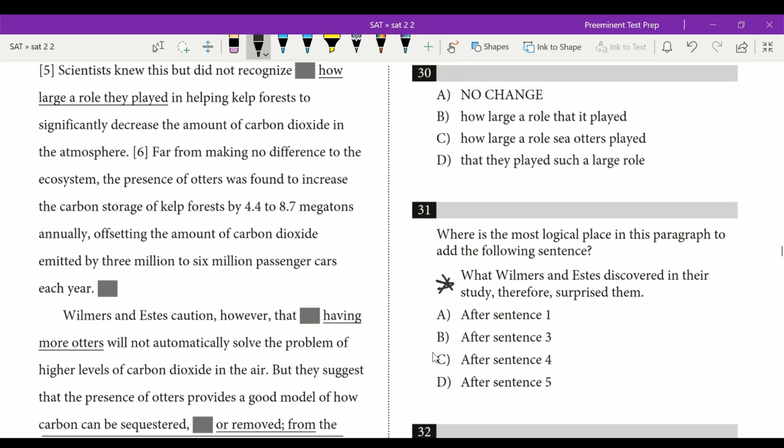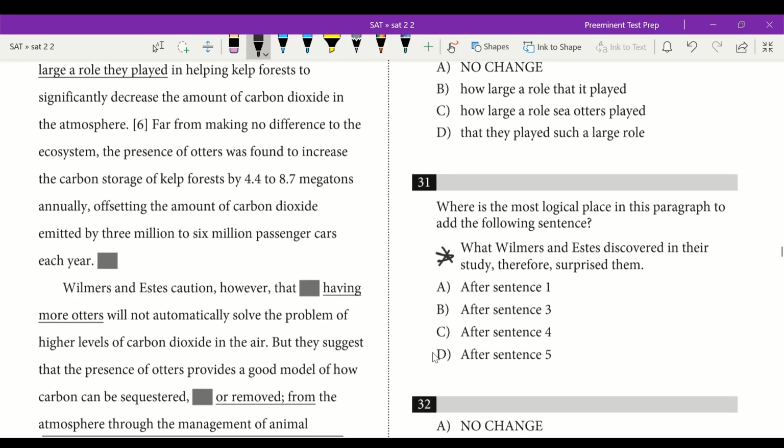So I see that question 31. It's asking me, where is the most logical place in this paragraph to add the following sentence? So we have, what Wilmers and Estes discovered in their study therefore surprised them. So our options are after sentence 1, after sentence 3, after sentence 4, or after sentence 5. Well, what I'm looking for here is a sentence that talks about Wilmers and Estes and what they discovered, right?